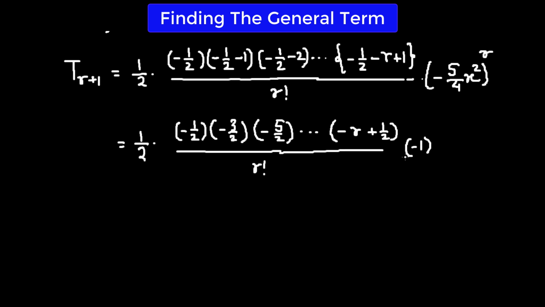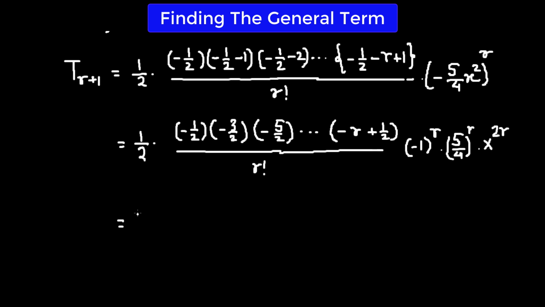So we have pulled out the negative 1 from negative 5 over 4 x^2. So we have (-1)^r times (5/4)^r times x raised to the power of 2r.